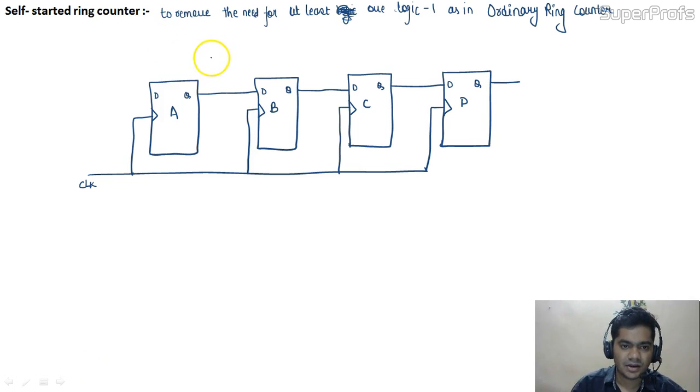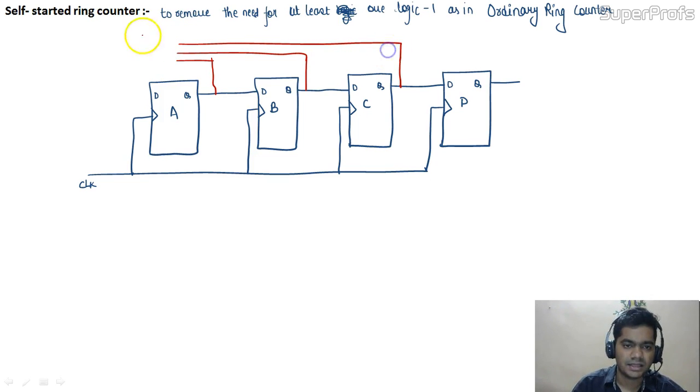We are passing the outputs of these 3 flip-flops through a NOR gate, like this, and we are giving it as feedback to the first flip-flop, that is the A flip-flop.